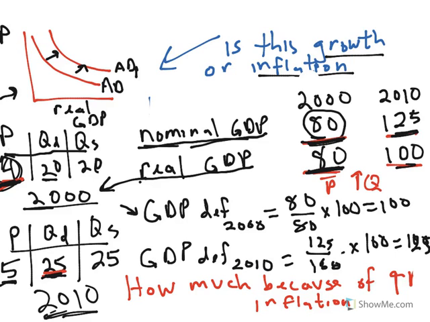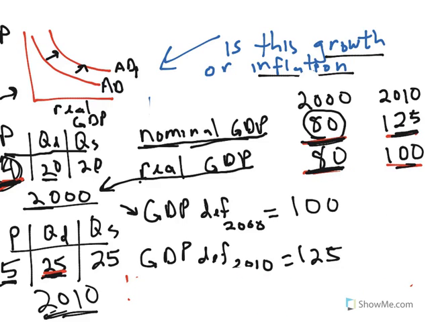Okay, so if we compare the GDP deflator of 2000 and of 2010, we can see that the difference is 25%.